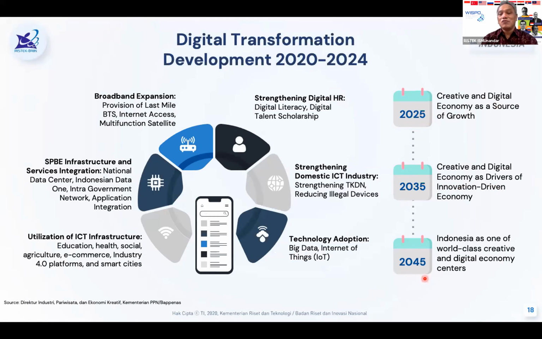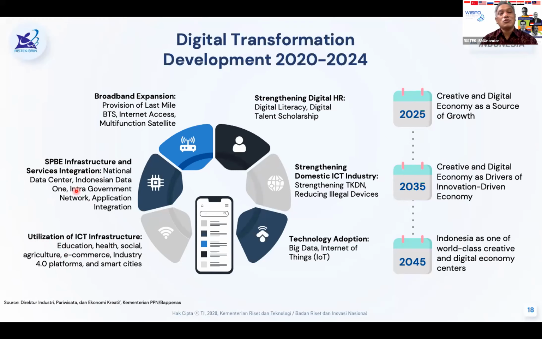And in 2045, Indonesia is one of the world-class creative and digital economies. This will be done through utilization of ICT infrastructures in every aspect of our life: in education, in health, in social, agriculture, etc. And then SPBE, the transaction based on electronics, so the infrastructure and service integrations.